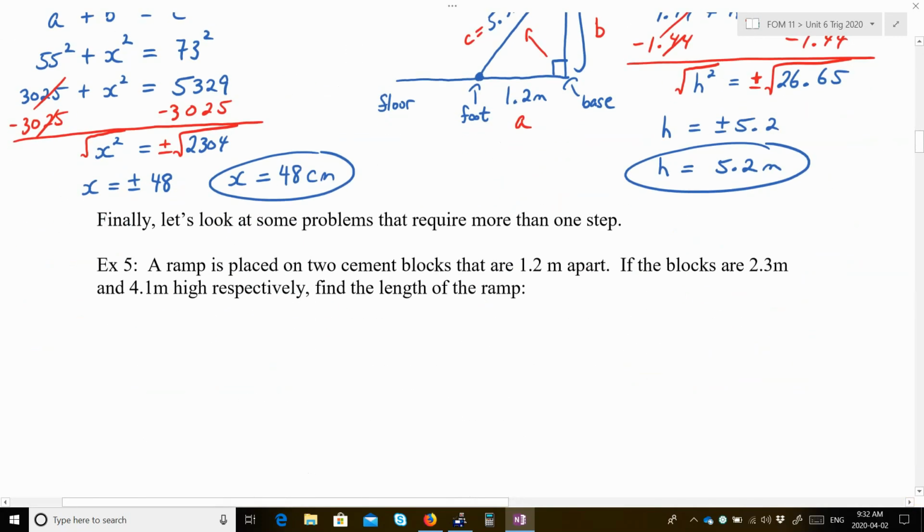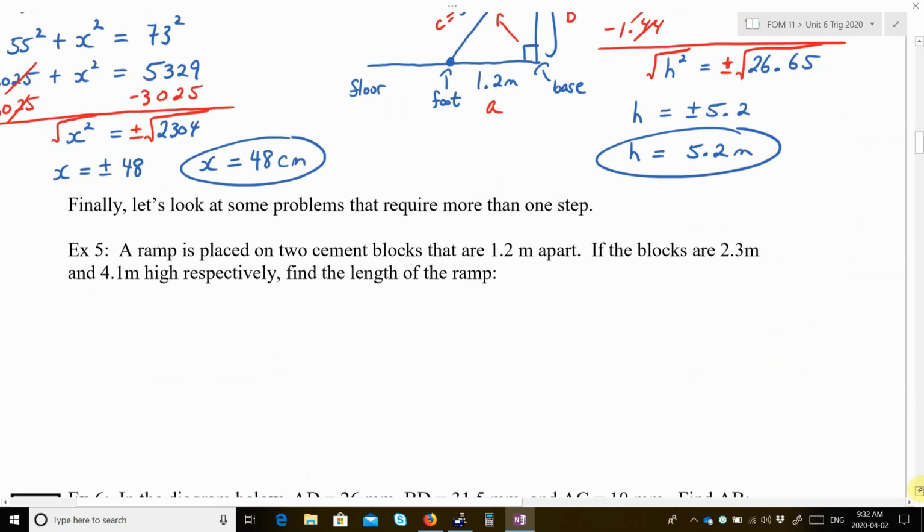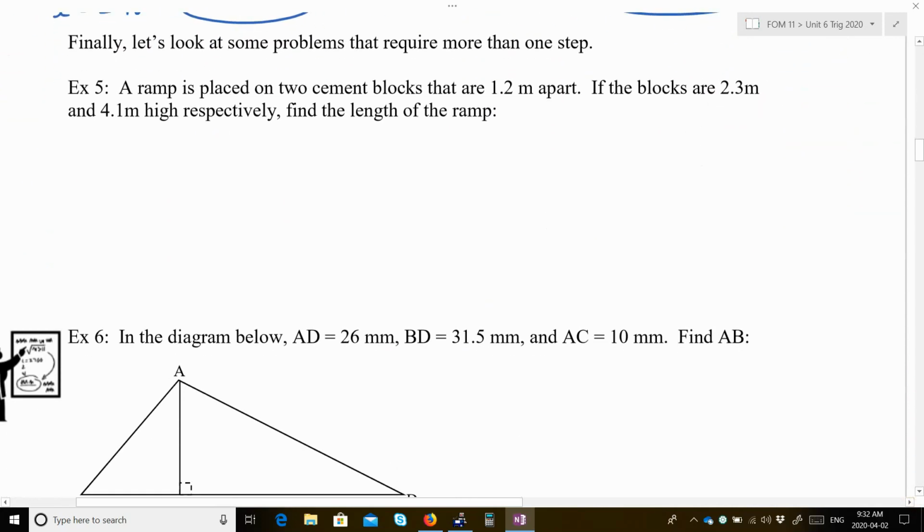Finally, let's look at some problems that require more than one step. So example 5. A ramp is placed on two cement blocks that are 1.2 meters apart. If the blocks are 2.3 meters and 4.1 meters high respectively, find the length of the ramp.